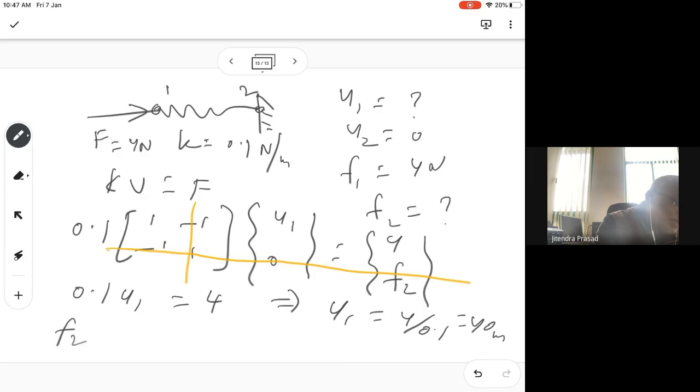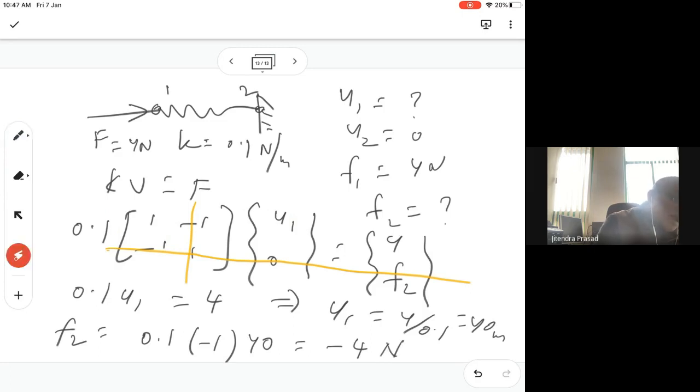Go here, U1 multiplied by minus 1 multiplied by 0.1. So F2 equals 0.1 times minus 1, multiplied by U1, which is 40, and that becomes minus 4 Newton.